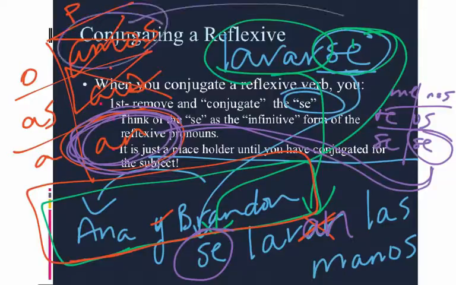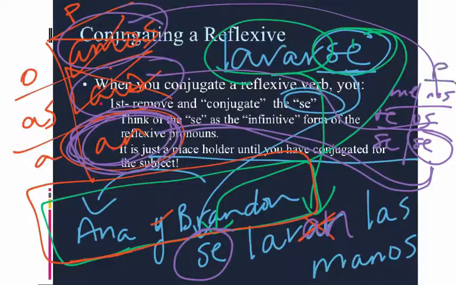So if it's nosotros, then it would be nos. If it's vosotros, it would be os, and so on, right? So since I used the bottom right box, I already knew it was se. But again, it's plural, doesn't include the word yo or nosotros, doesn't include tú, so it's se. So se, in this case, happened to stay as se.